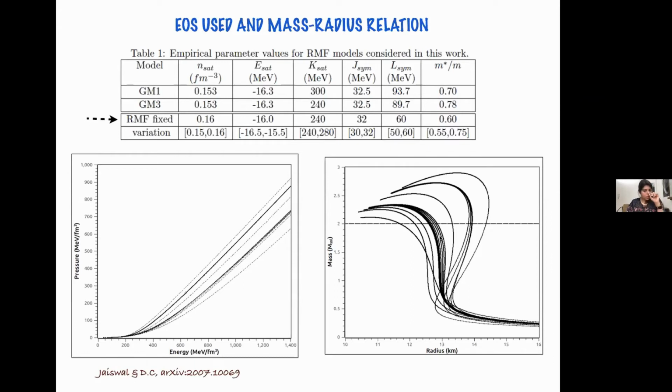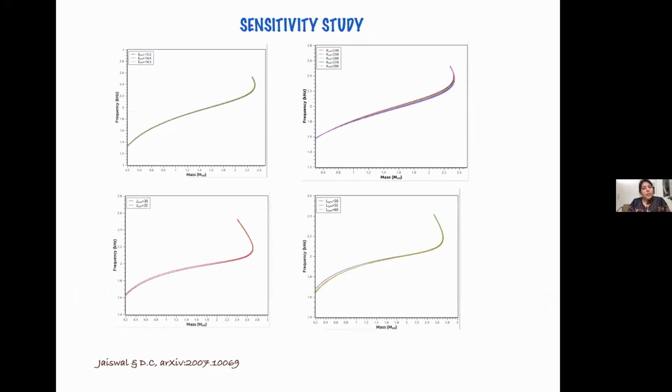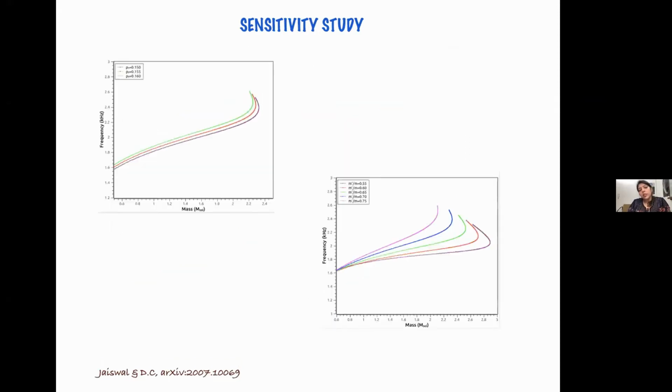So the equations of state are compatible with the latest observations of masses. Very surprisingly, we found that the energy per particle at saturation, the compressibility, the symmetry energy and its slope almost have negligible variations on the f mode versus mass, whereas there was a non-negligible but small effect coming from the saturation density.